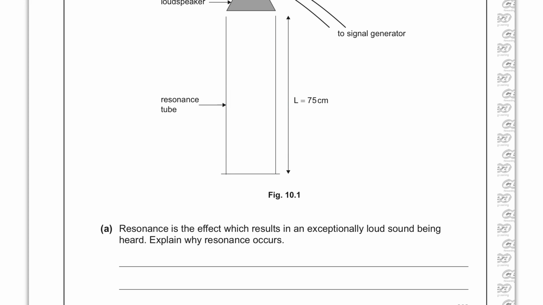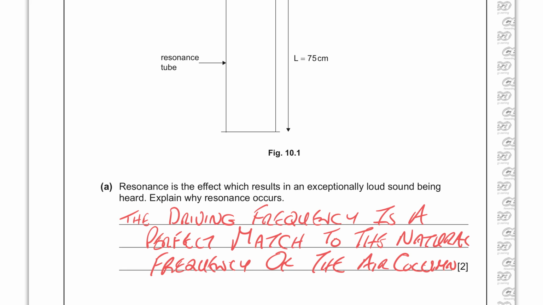So when it hits one of the natural frequencies of this tube, in our case the very first one, the fundamental, we get an exceptional amount of vibrations occurring here, because it's a special matching of this frequency to the natural frequency of this tube. Something that basically talks about the frequency of the speaker, the driving system, and the frequency of the resonance box, in this case the tube and the column of air contained within it. So it's when they match up that you get the strongest signal.